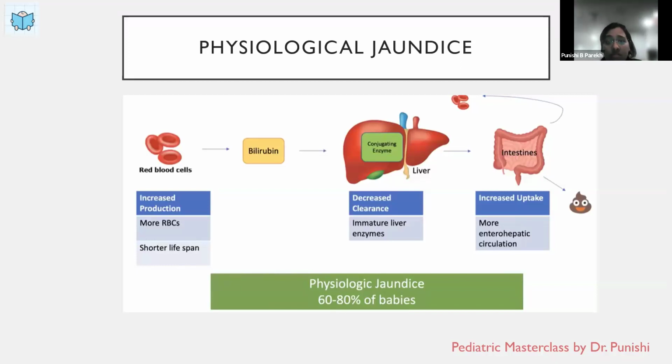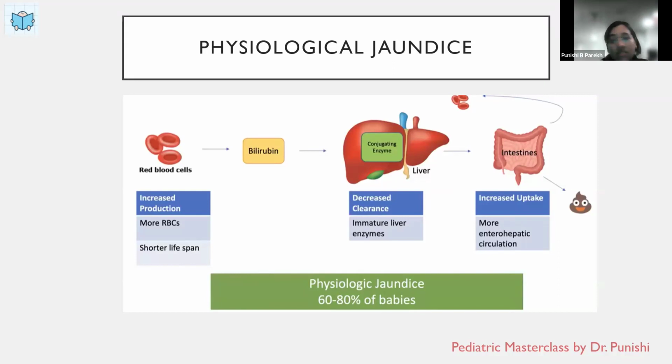The third mechanism is because of increased uptake or more enterohepatic circulation. Normally the conjugated bilirubin which enters the gut leaves in the form of either stercobilinogen or urobilinogen in the urine and stool. But what happens in newborns is certain mechanisms lead to increased enterohepatic circulation, where the conjugated bilirubin is converted back into unconjugated and enters the liver back.